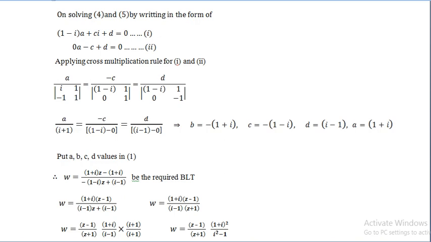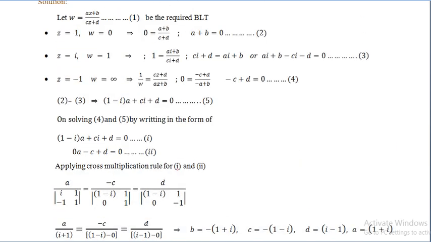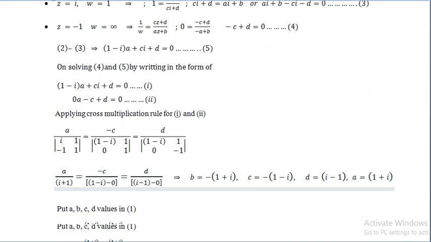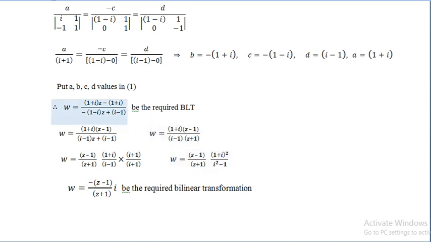So use these terms in any one of the above equations. So you'll get the b value as minus of 1 plus i. Then finally we'll substitute these a, b, c, d values in equation number 1, that is the bilinear transformation.